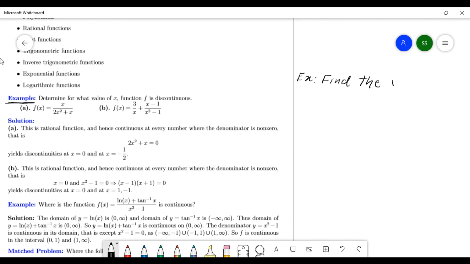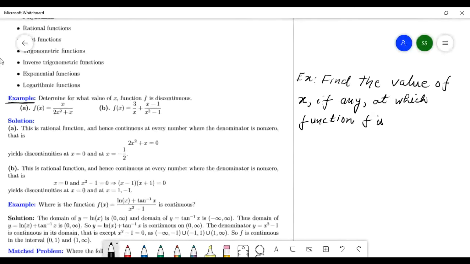Find the value of x, if any, at which function f is discontinuous, is not continuous.